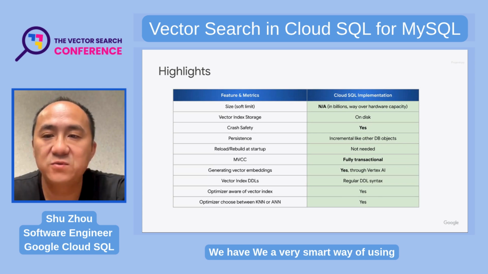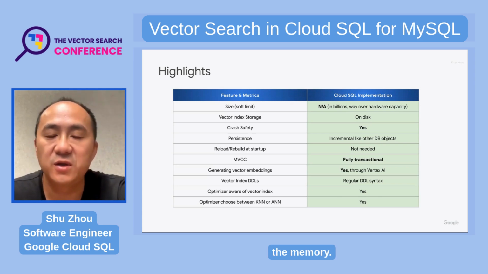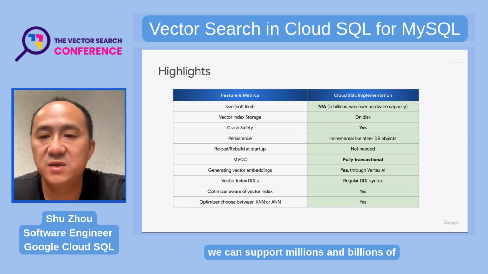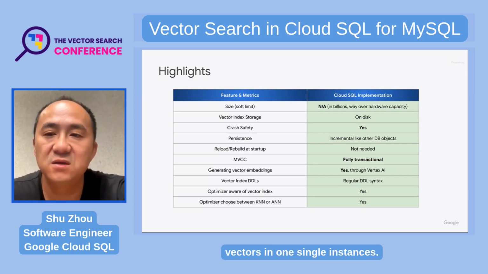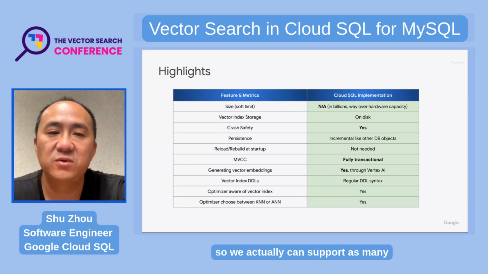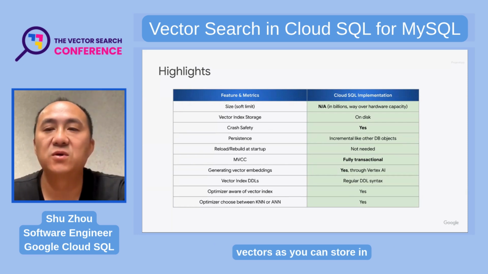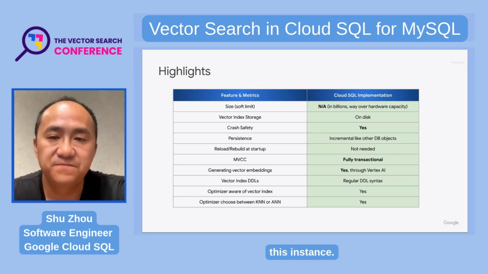We have a very smart way of using the memory. So in fact, we can support millions and billions of vectors in one single instance, as I earlier explained in our GA version. So we actually can support as many vectors as you can store in this instance.